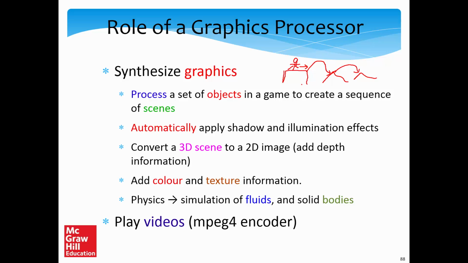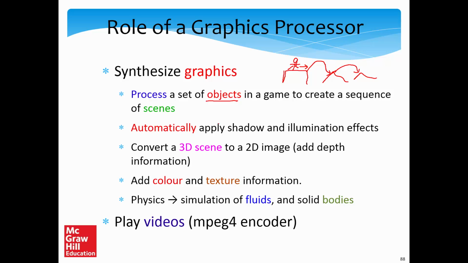The way that game developers write the game is that they create high level rules for how these individual characters interact between themselves and the environment. Subsequently, after layers of software, still pretty high level instructions go to the graphics processor. What the processor does is process a set of objects in a game and create a sequence of scenes.